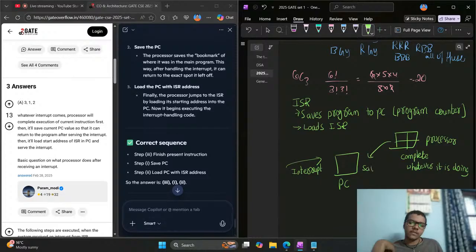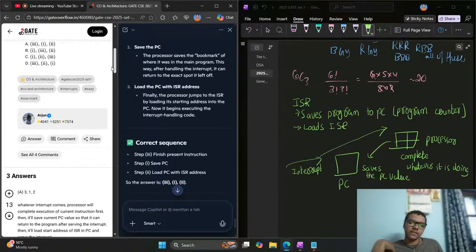Saves the PC value because it needs to come back. We are in the middle of something, so it serves the interrupt and resumes it. That makes sense.